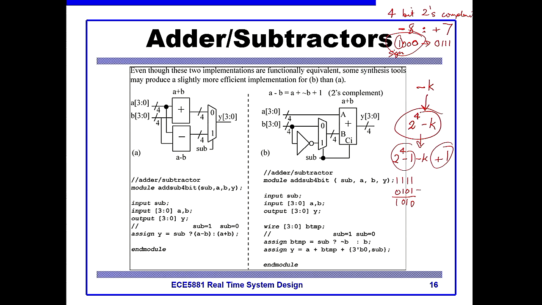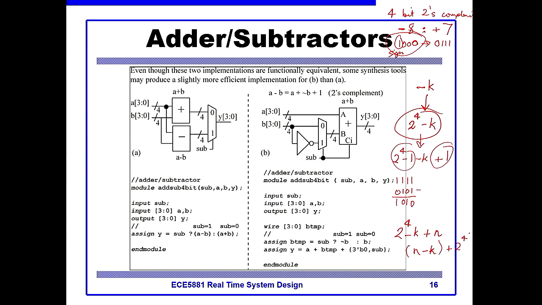So the reason I say this is because when you have 2 to the 4 minus k and you add that to a positive number, so let's just do that. We add it to n where n is greater than 0. Then you're generating n minus k plus 2 to the 4.